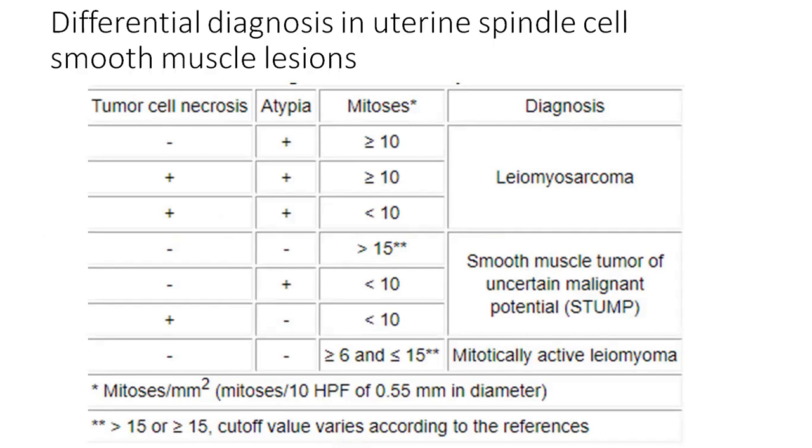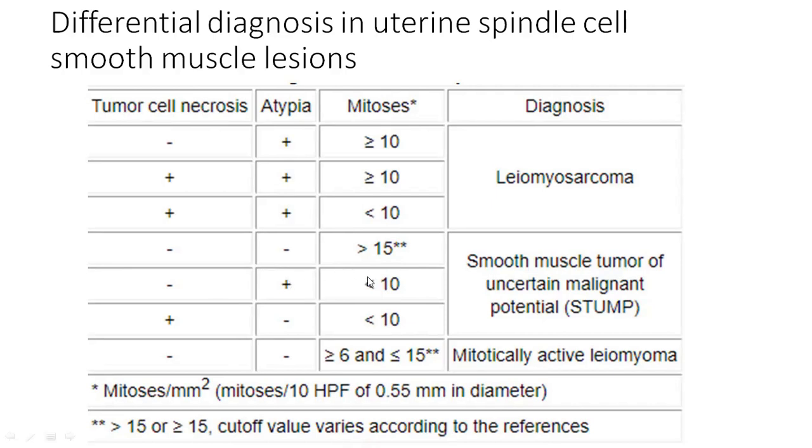Basically, there are three important features, and all are morphological features, so we do not need any immunohistochemistry to differentiate one category from another. The three important morphological features are tumor cell necrosis, which is a coagulative type of necrosis, then cytological atypia, and the third is mitosis, mainly a higher number of mitoses rather than atypical mitosis.